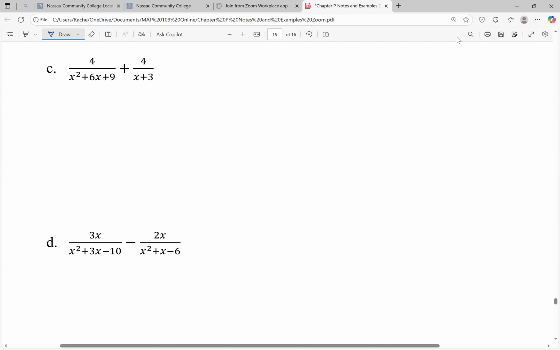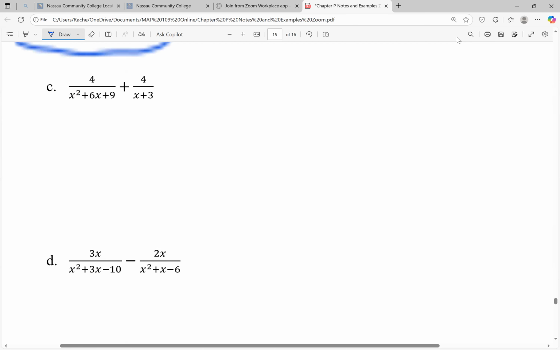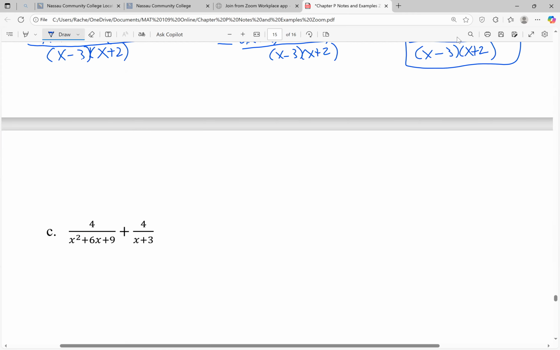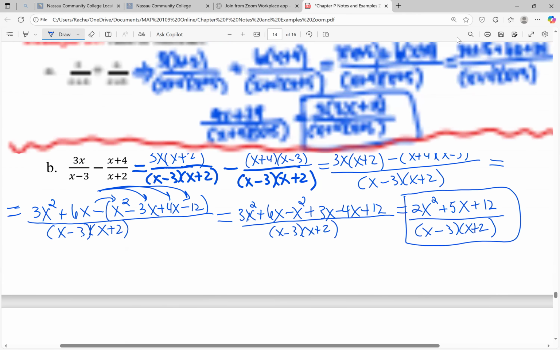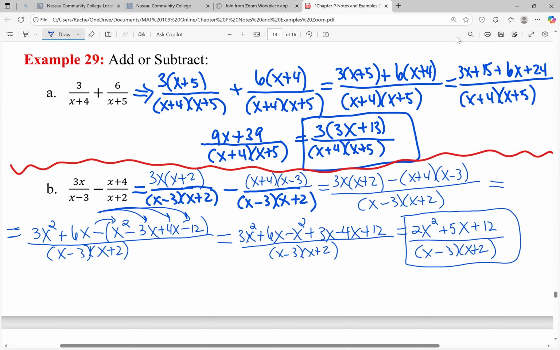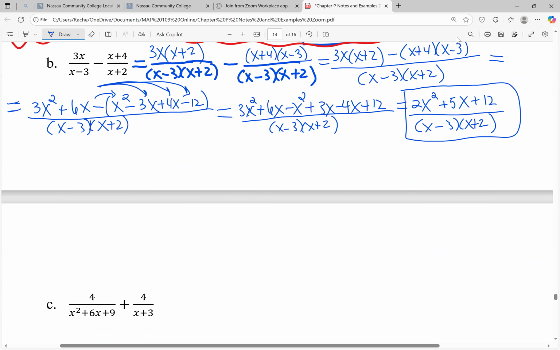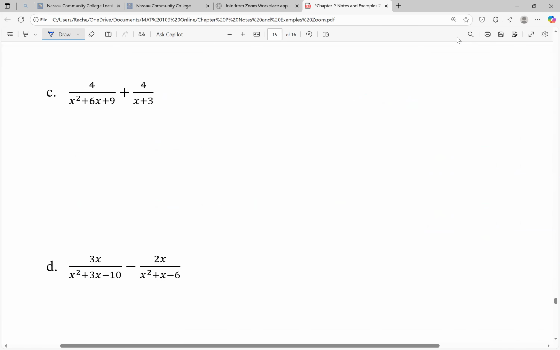So we have 4 divided by x squared plus 6x plus 9, plus 4 over x plus 3. We're going to do the same thing. We want to get the LCD by taking the product of the different factors that we have in the denominator. But notice with the other examples that we did, my denominators couldn't be factored. If we look at C, look at the denominator on the left, the x squared plus 6x plus 9.